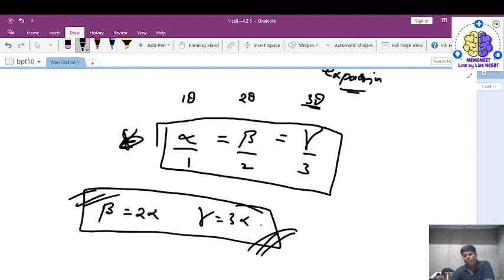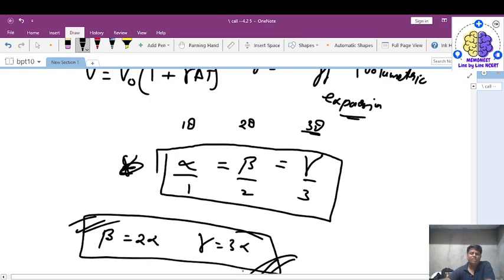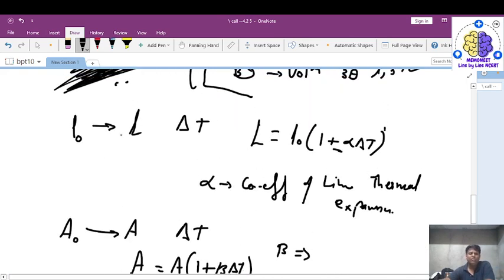So in case of a one-dimensional body, what will happen if we supply heat? The length of the body will change. If we take L naught as the initial length of the body and L as the final length, then the final length is equal to the initial length, L naught, into 1 plus alpha delta T, and this alpha is known as the coefficient of thermal expansion, right?